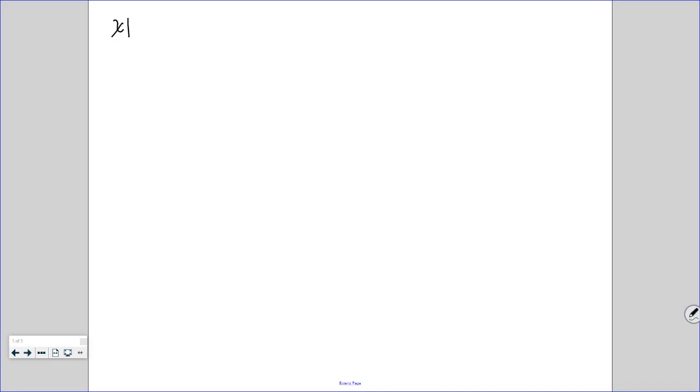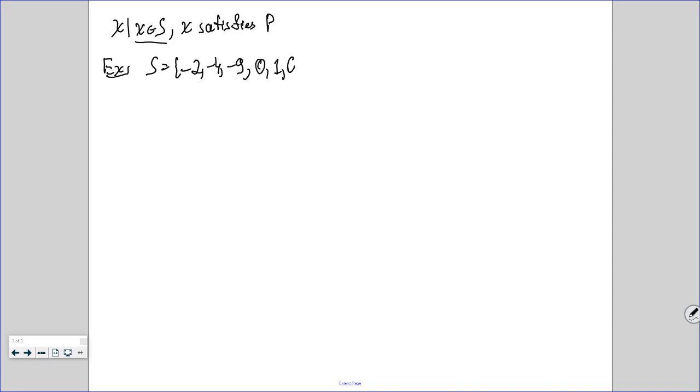When we say all x's such that x is in S and x satisfies some property P, in this case we want the set of all elements x in S that satisfy property P. For example, if S is a set with the following elements, then if we want all elements that belong to S and are positive, we will denote this as follows.